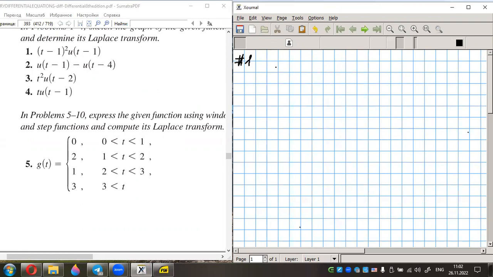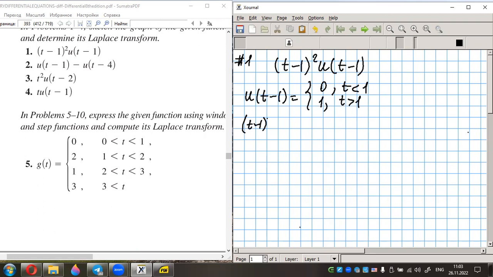What we have here: (t minus 1) squared u(t minus 1). u(t minus 1) is 0 if t less than 1 and 1 if t more than 1.